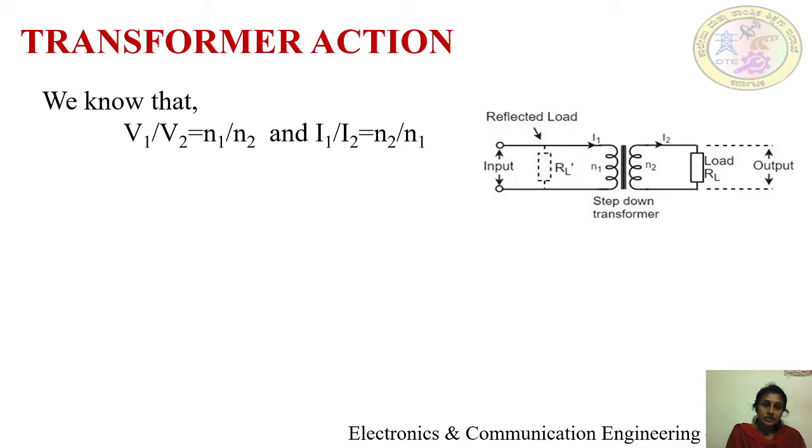As I said earlier, the transformer can be step up or step down, and depending on that, the voltage can be stepped up or stepped down. So in this case, V1 by V2 is equal to N1 by N2. And the current transformation is given by the formula I1 by I2 is equal to N2 by N1.